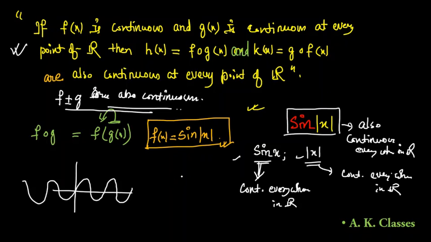For this case, it may be sin x plus modulus of x, sin x minus modulus of x. These two are also continuous as their components are continuous. Okay? If there is any compound type of function, just check the components, whether the components are continuous everywhere or not. If they are continuous, then their composition has to be continuous.